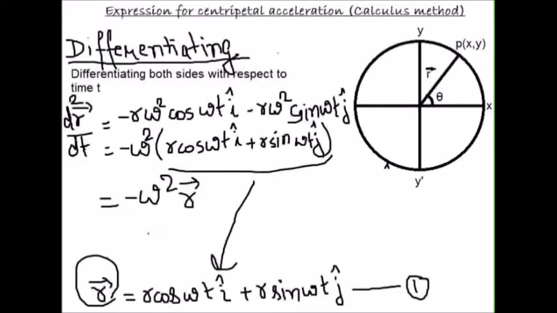Replacing this underlined term by r vector from the first equation, we get minus omega square r vector.